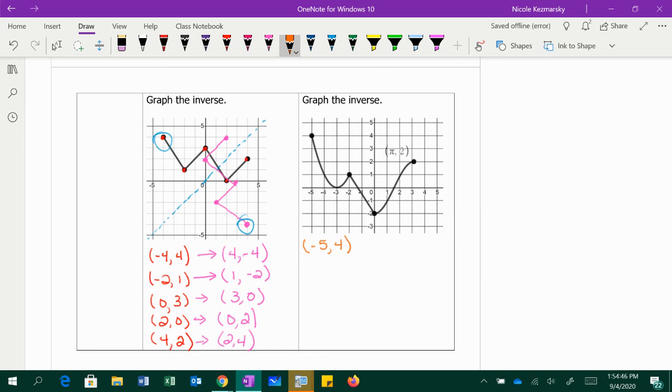And so I'm also going to map the point at -3, 0. So there's -3, 0. Then we've got -2, comma 1. We've got 0, comma -2. And then we've kind of got this weird squiggle going on. I think we can handle it. So let's deal with 3, comma 2.